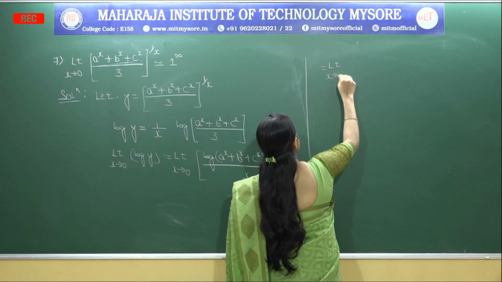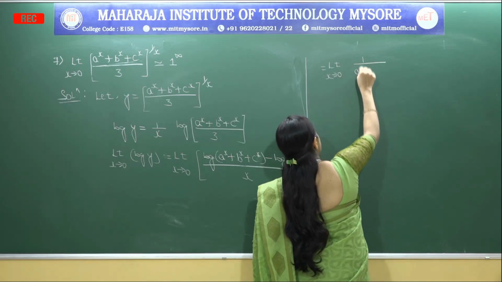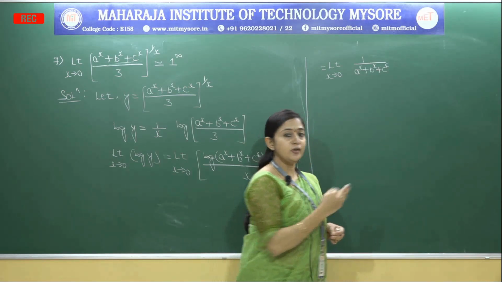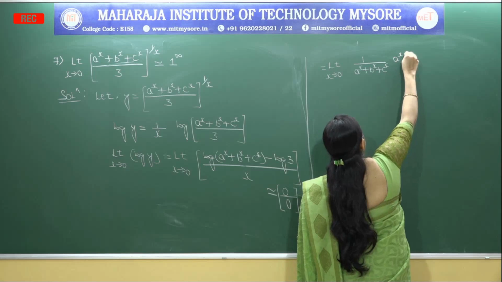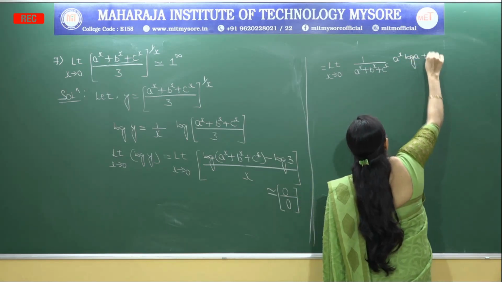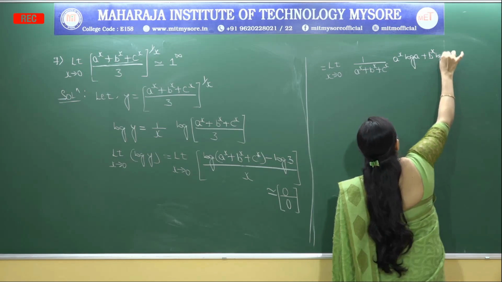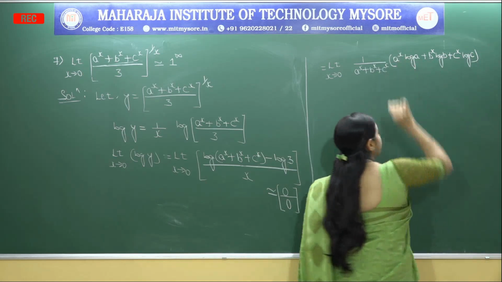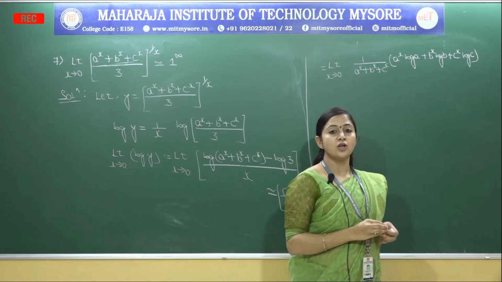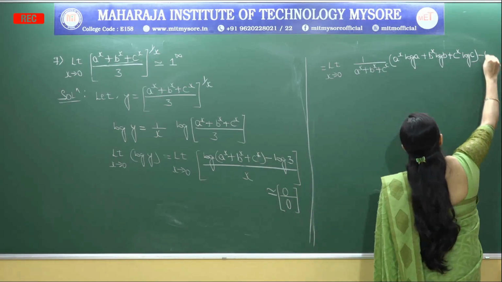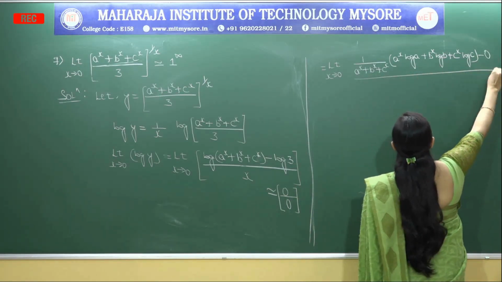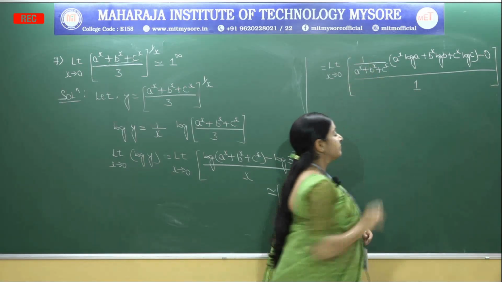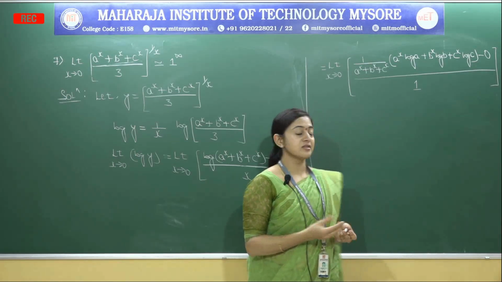Limit of x tends to 0, log differentiation 1 by (a power x plus b power x plus c power x), then a power x differentiation, a power x into log a, b power x log b, c power x log c, minus the log 3 is a constant term, the differentiation is 0. Denominator you have x, the differentiation of x is 1. Then apply the limit, you will get the answer.